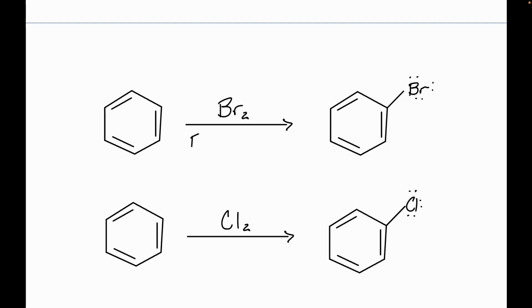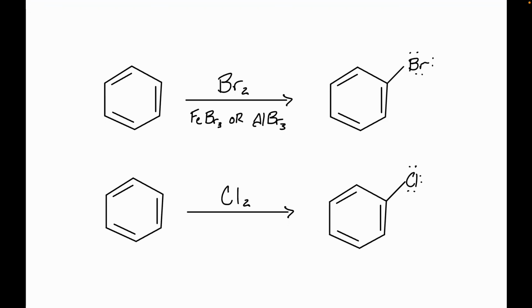So you can either use iron or aluminum tribromide. So either iron or aluminum, that's 3 halogens on there. And same thing with the chlorine, either iron with 3 chlorines or aluminum with 3 chlorines.